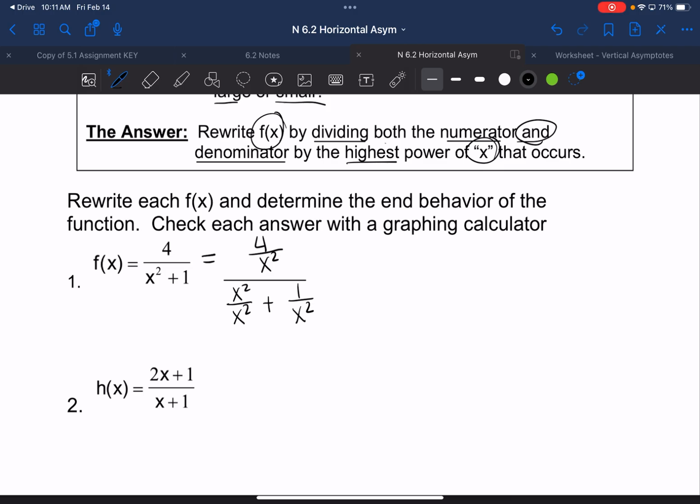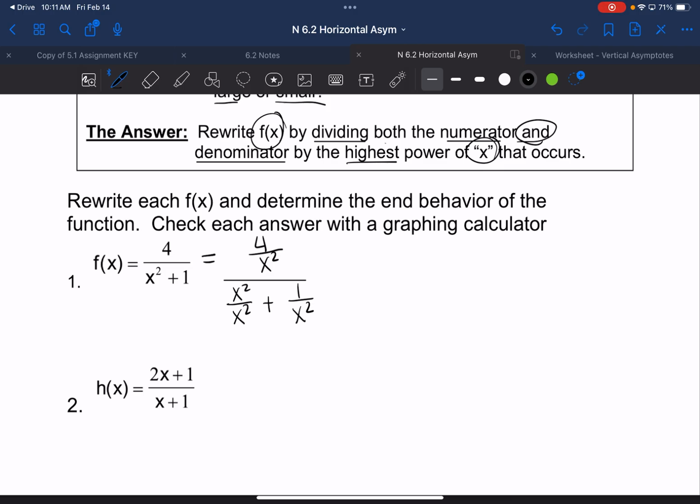Okay, but what if x was getting bigger, like x was 10? If I plug in 10 for x, 10 squared is 100, right? 4 over 100, that's a pretty small number, right? Or even if it was negative 10, still the same outcome because negative 10 squared is still 100, right?